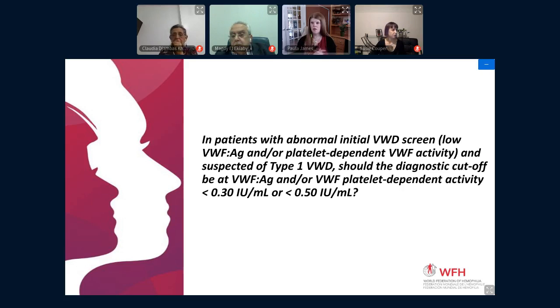So in patients with an abnormal initial VWD screen, so low VWD antigen or platelet-dependent VWF activity, either the ristocetin cofactor or a GP1BM, and who are suspected of type 1 VWD, should we set the diagnostic cutoff at less than 0.30 or less than 50%?